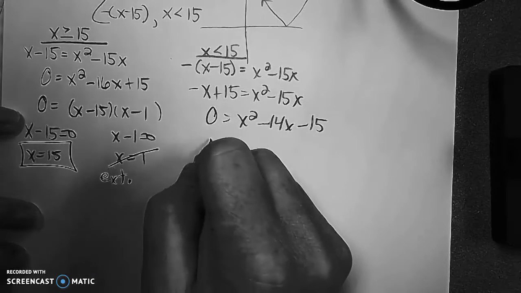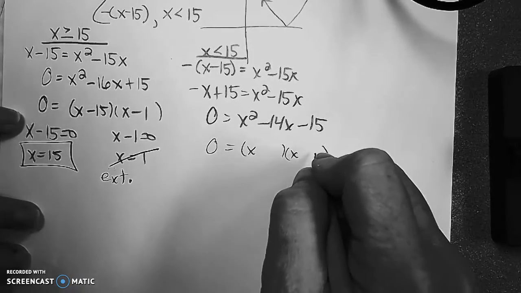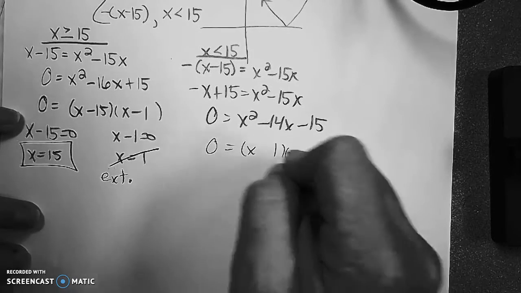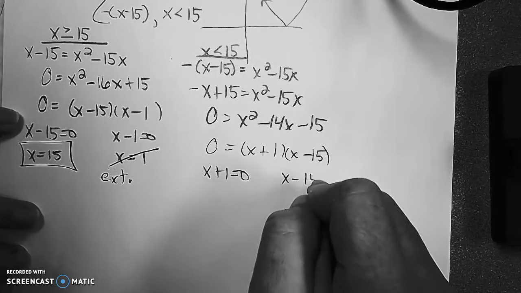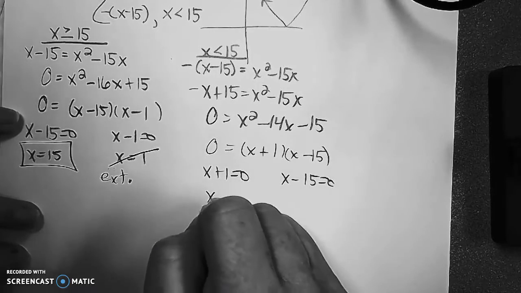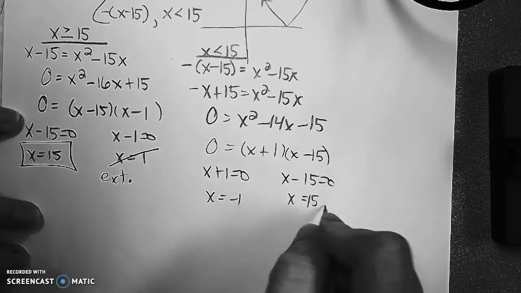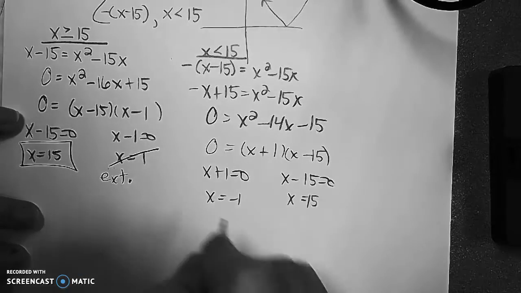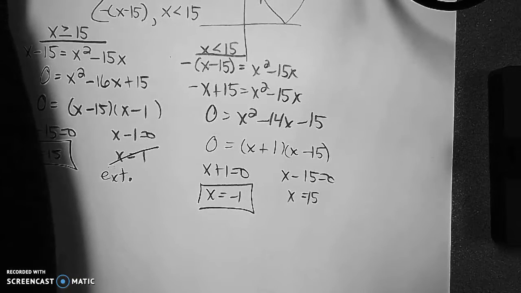All right, so I'm going to factor next using trial and error. Factors of 15 that give me 14 would be 15 and 1. So I get x equals negative 1, x equals 15. I already have 15 as a solution, so I get negative 1 as my answer there.